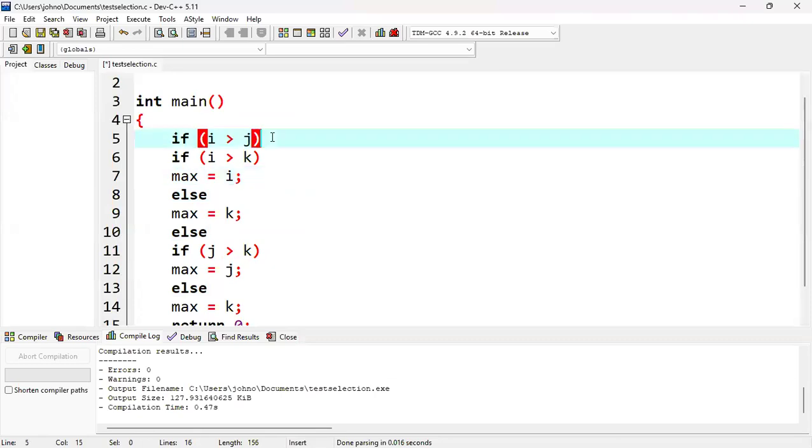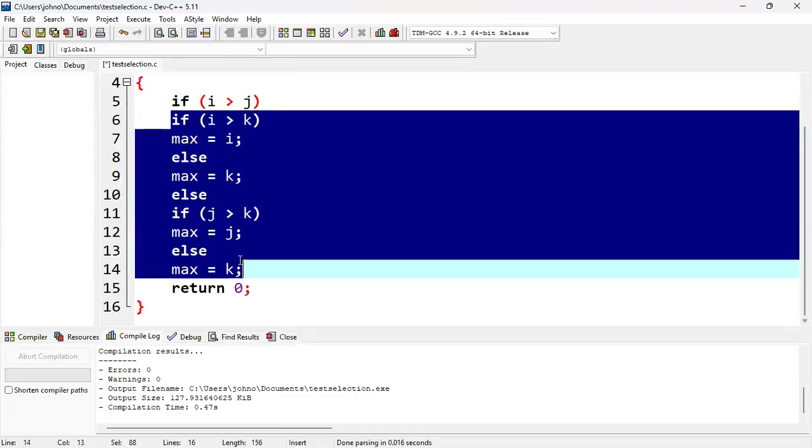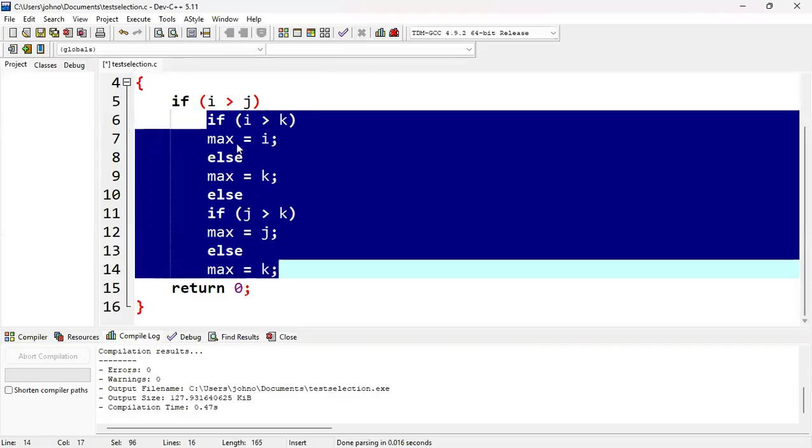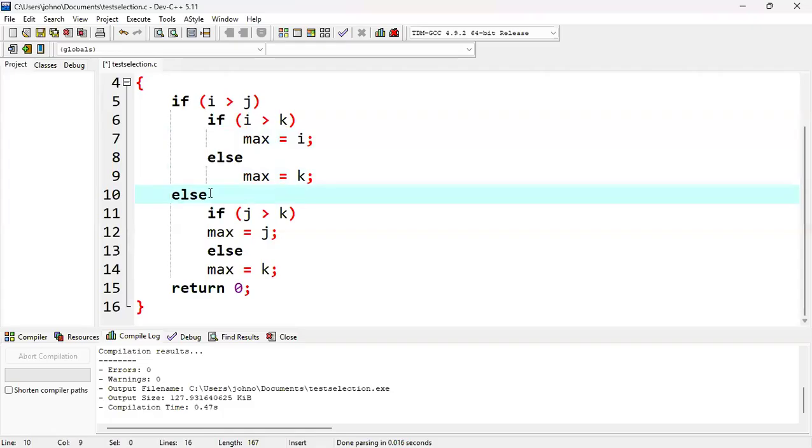Okay. If i is greater than j, then we enter. So this else, from what we did, we are trying to make sure that this else belongs to this if.